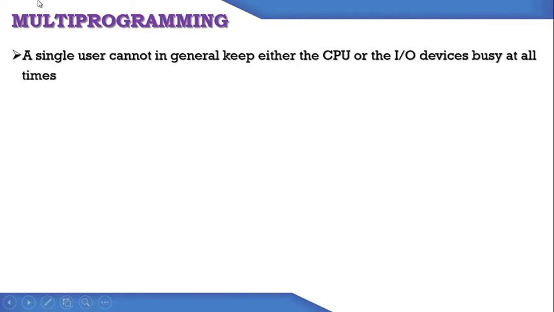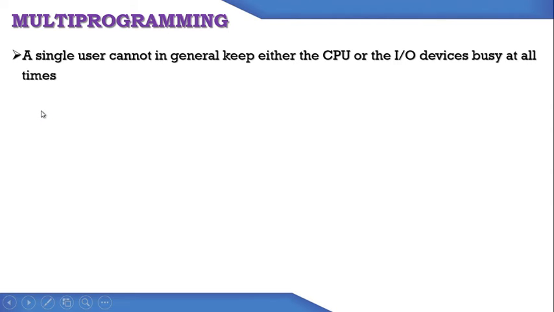So coming to multi-programming, the name itself tells us that multi-programming means the capability of running multiple programs by the CPU. A single user cannot in general keep either the CPU or the IO devices busy at all times.